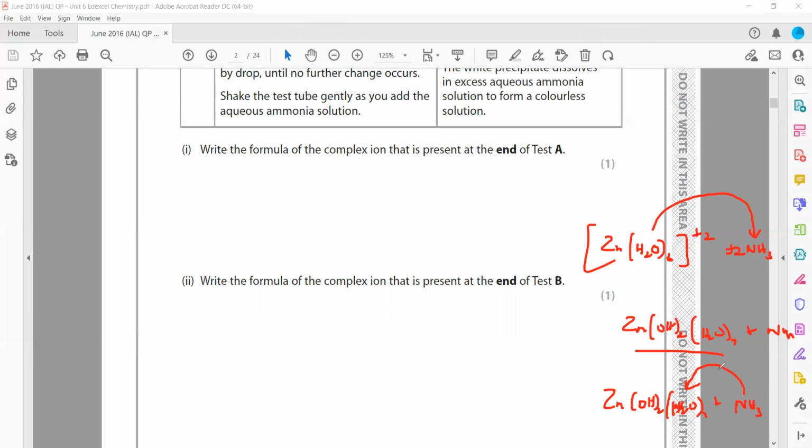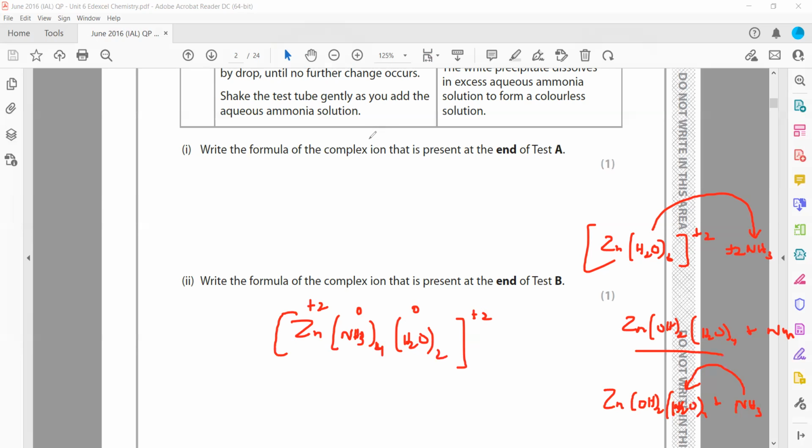That is a ligand exchange: the OH and water ligands are replaced by ammonia molecules. So you can write [Zn(NH₃)₄(H₂O)₂]²⁺, any number you can mention, but the total should be 6 for the ligands. Ammonia is a neutral ligand, water is a neutral ligand, but zinc is +2, so the overall charge will be 2+.